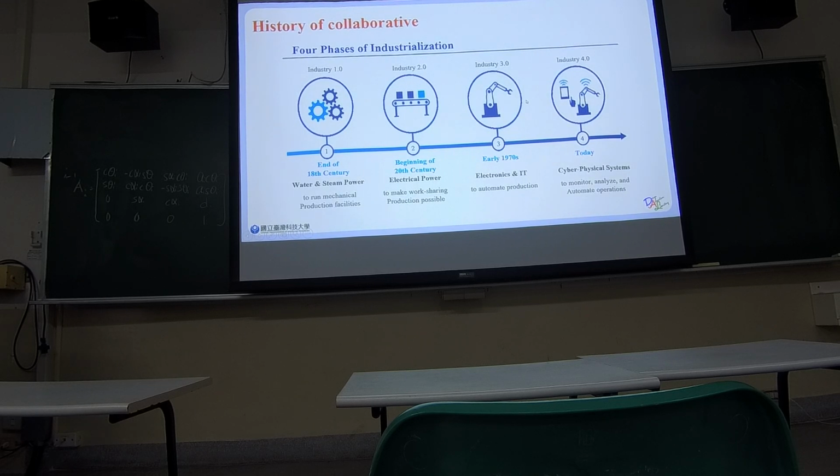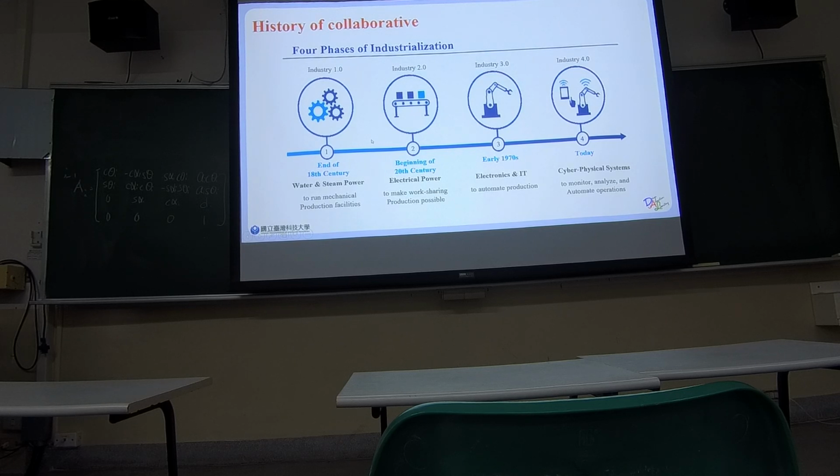And history of collaborative robots. Now let's look at the history of collaborative robots. The evolution of cobots can be traced through different stages of the industrial revolution. It began with Industry 1.0, which utilized water and steam power, followed by Industry 2.0 with the introduction of electrical power.